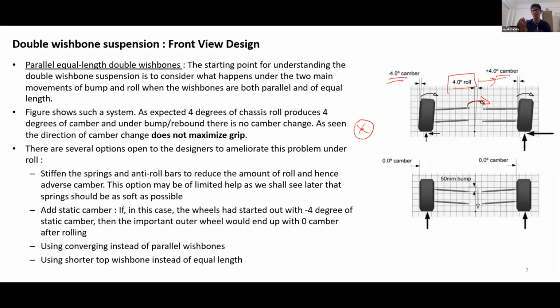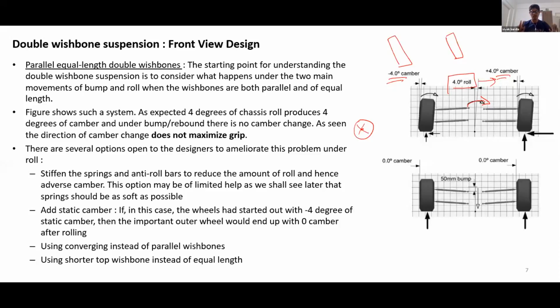Your vehicle is coming outside the screen, for everyone who is sitting in front of the screen, and it's taking a left turn, right? So this is the center of the curve. As we had seen from the earlier slides, your wheels need to be cambered towards the center of the turn, right? So that you benefit from a phenomenon called camber thrust.